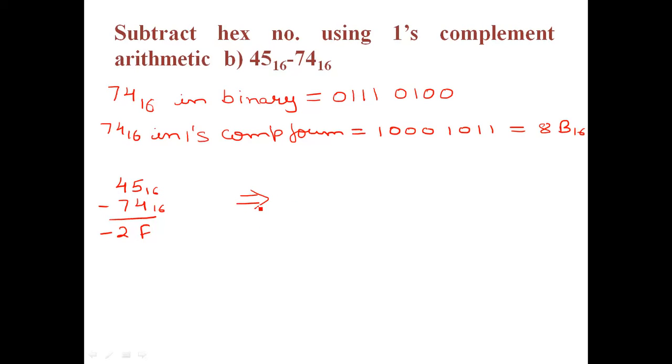Actually, I have discussed in my previous videos also that we are not doing subtraction, actually we are doing addition. Why should we bother about two circuits? Simple, just take an addition circuit and do subtraction or addition. So 45, now we are going to add the ones complement of 74, that is 8B.